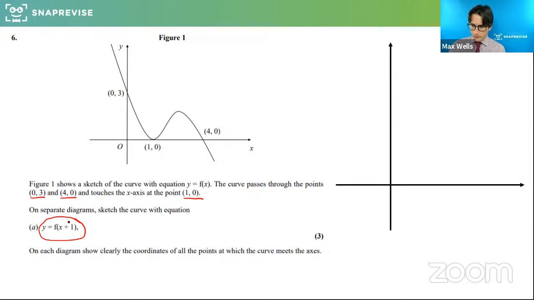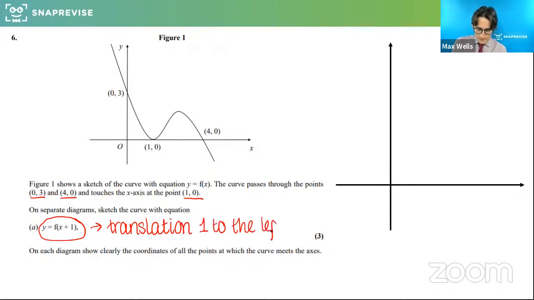Cool. So let's have a little look. I do agree that those points that we've suggested there are moving in the correct way. We are moving one to the left. So this is a translation. One to the left. Because inside the brackets, we kind of do the opposite to x.